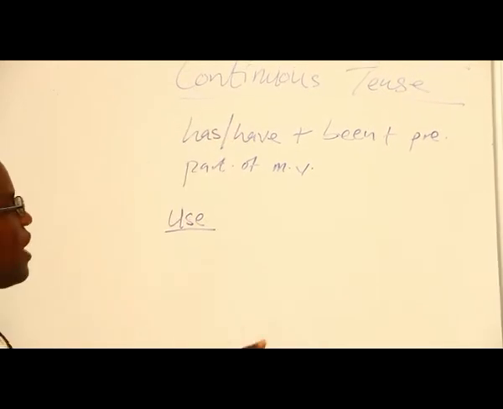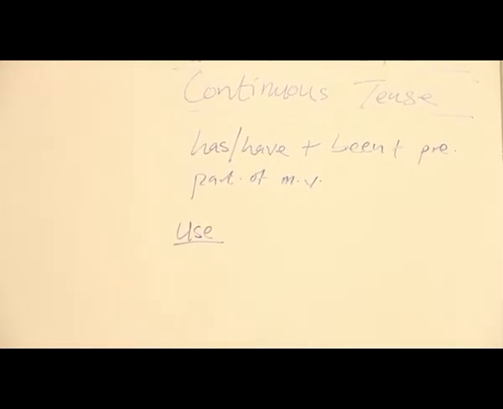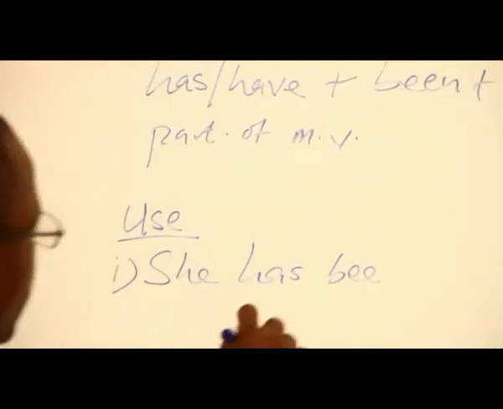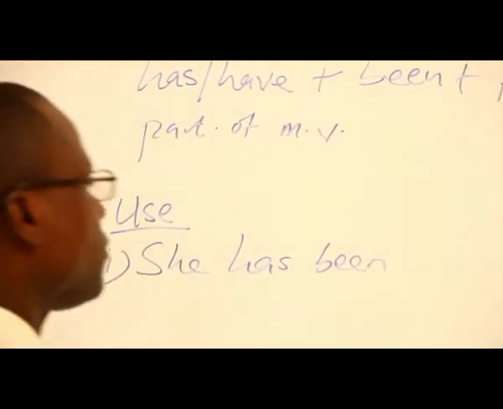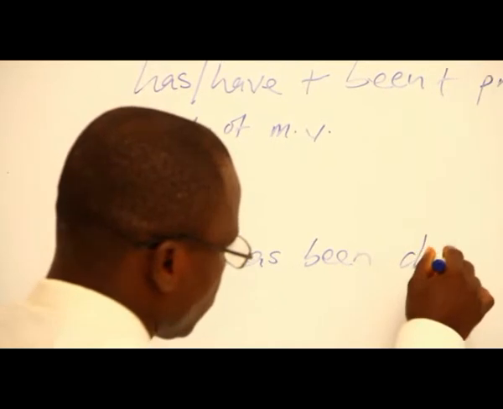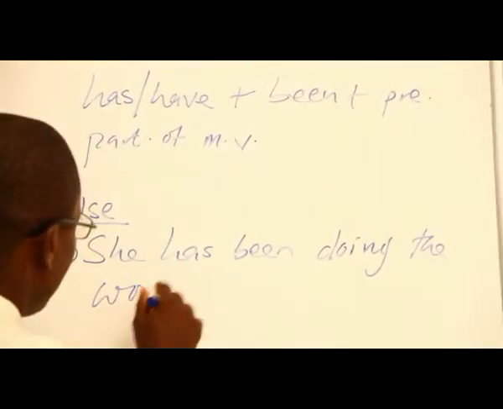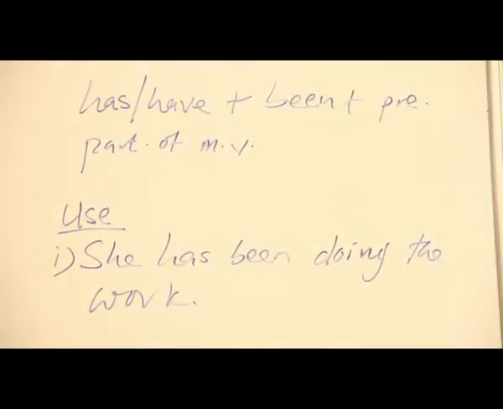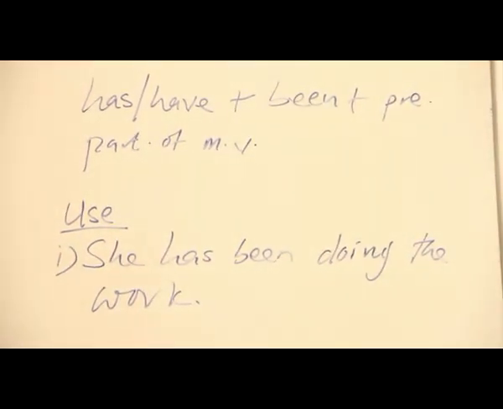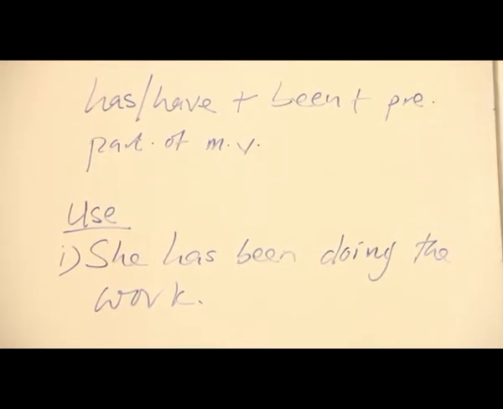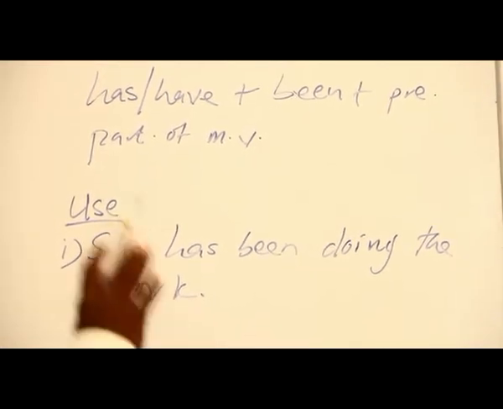So we can convert the sentences we took before to the present perfect continuous tense. So let's take the sentence: she has been doing the work. Now if you look at this sentence, it conveys almost the same meaning as she has done the work. Now that is the major function.